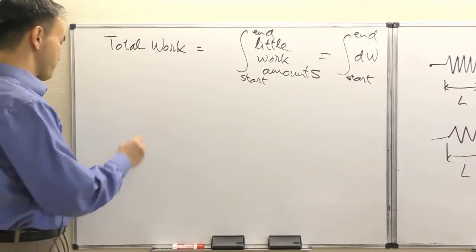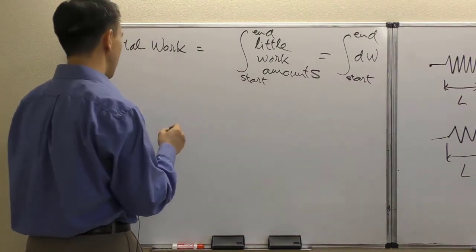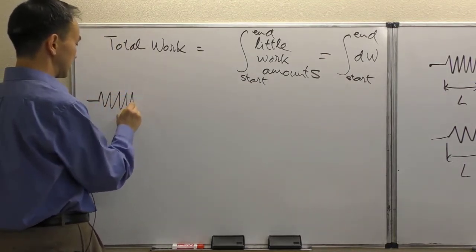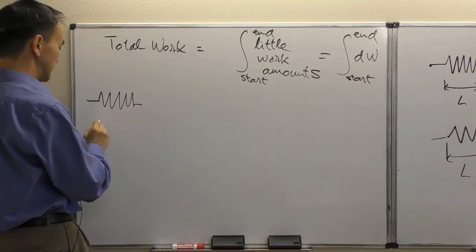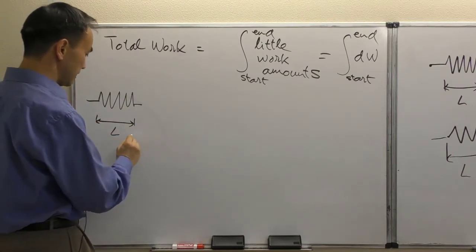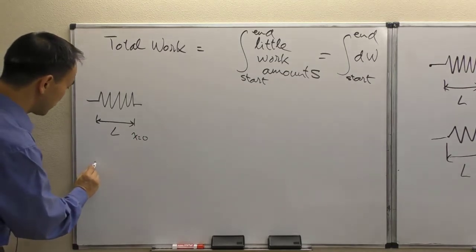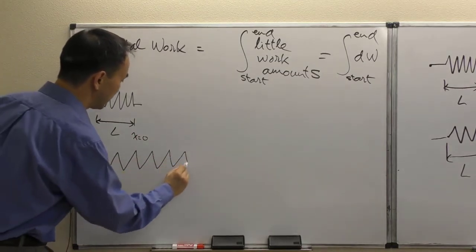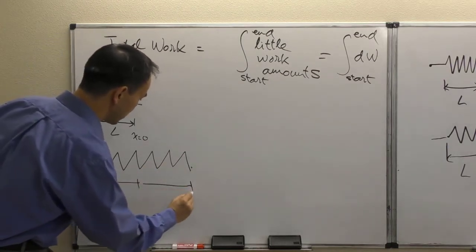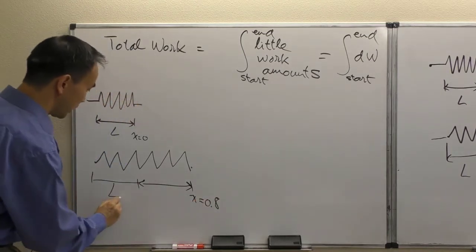Now, the distance that we are stretching our spring out, from natural length. When the spring stays at natural length, this means we stretch at 0 distance. Then I'm going to stretch it out to x equals 0.8 beyond its natural length.